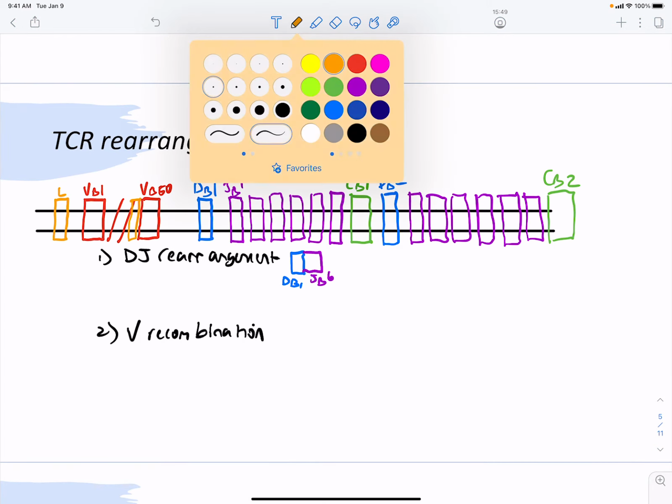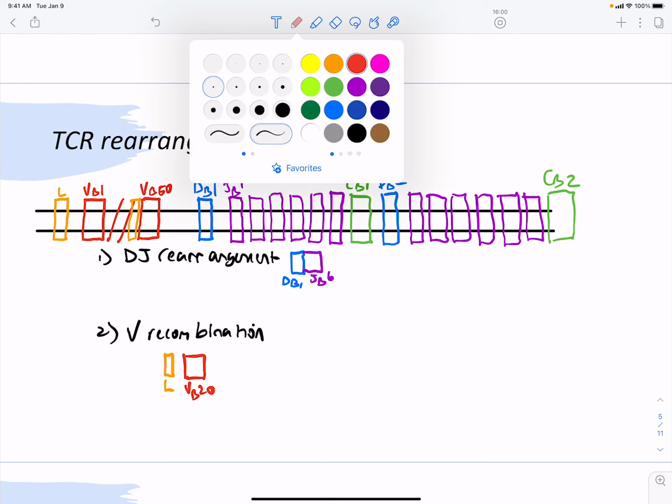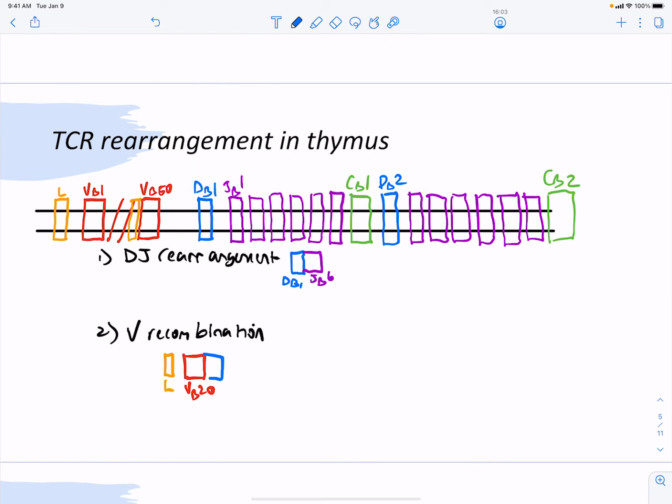And so you will get your leader, you'll get your variable beta 20, and then they're going to bind to your diversity and your joining gene. And here you have your constant regions. So you can have your constant beta 1. And then this will become your messenger RNA, and this will become your beta portion of your T cell receptor.